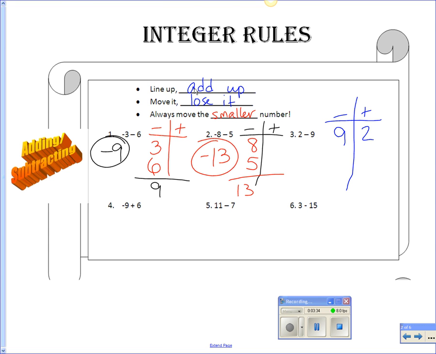Do those line up? No, so we have to go to the next direction. This one we're going to have to move it, lose it. You always move the smaller number. Which one of these is smaller? So you move the 2, move it, lose it. What do you think I mean by lose it? Subtract, good. So 9 take away 2 is, and it's on the negative side, so it's negative 7.